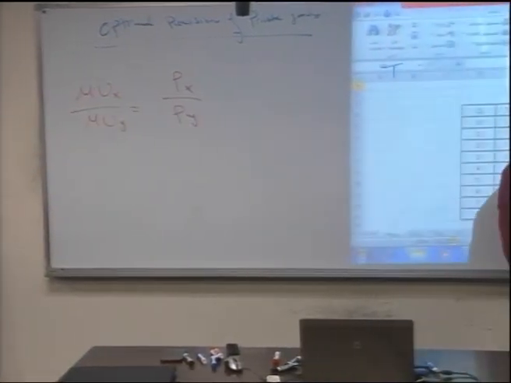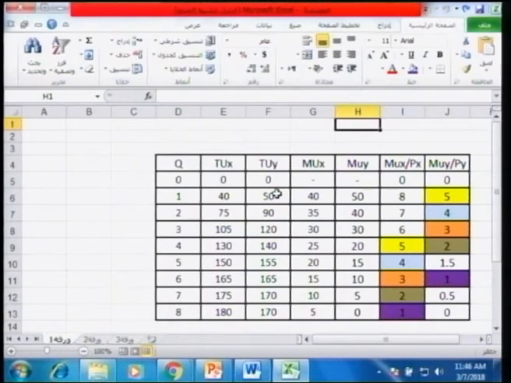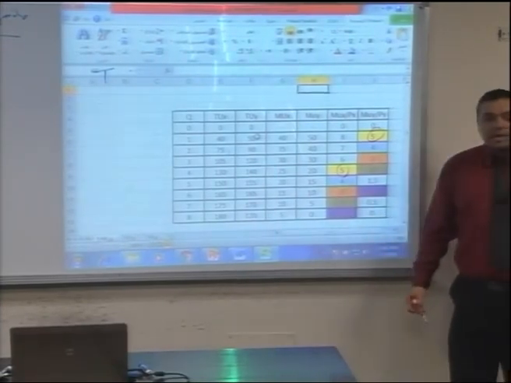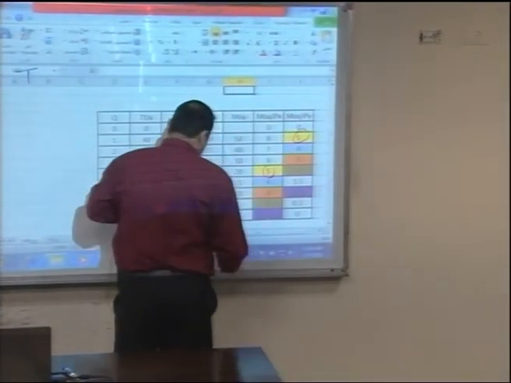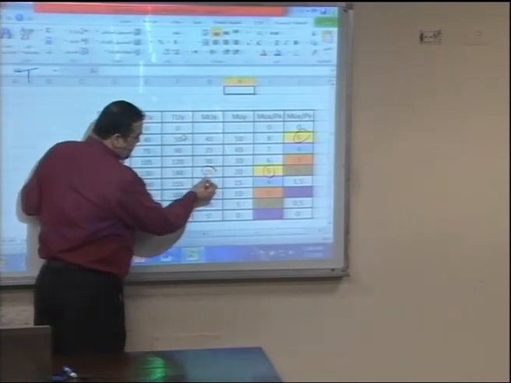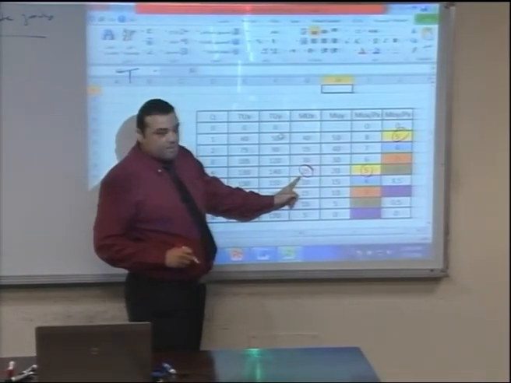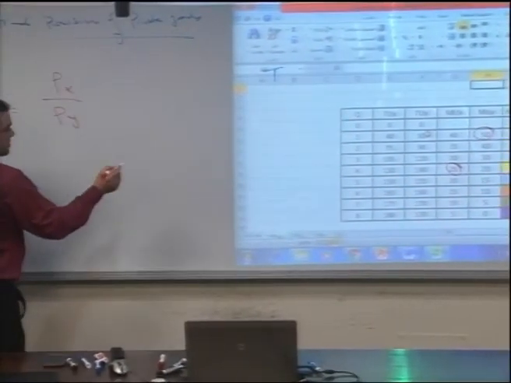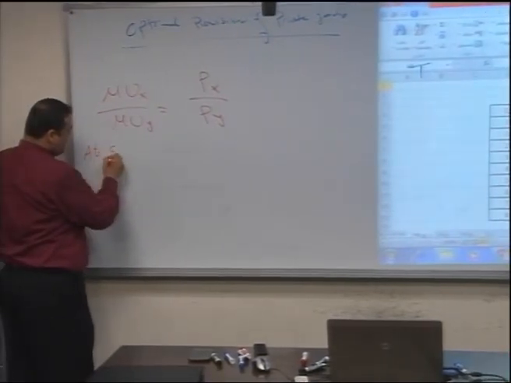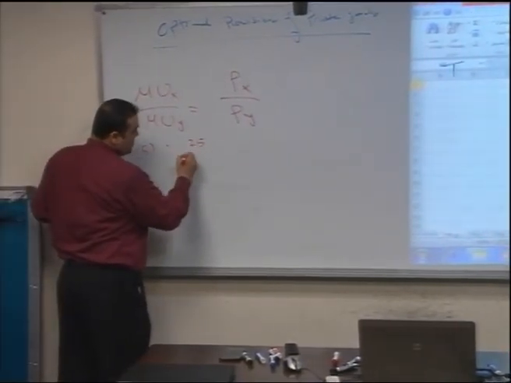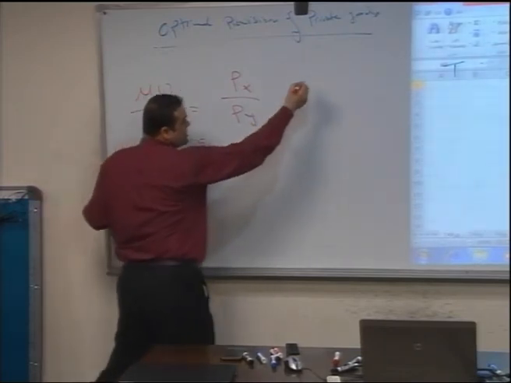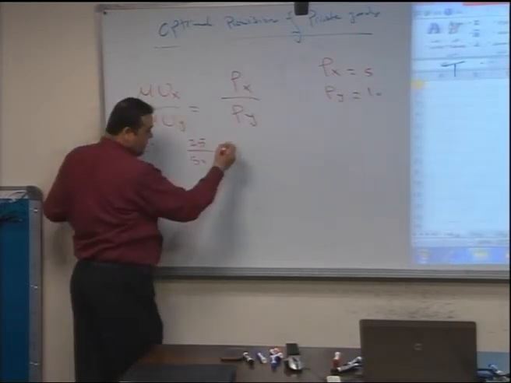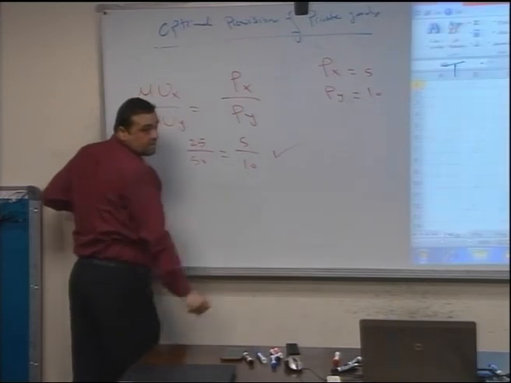MUx over MUy for the first case at 5: MUx here is 25 and MUy 50. 25 over 50 equals the price of x, 5 over 10. It's correct.